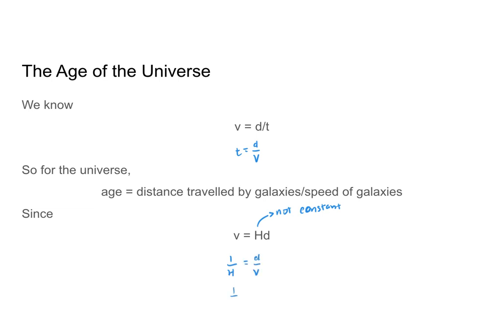Therefore, 1 over H is equal to the age of the universe. Easy peasy. You do need to know how you can use this relationship between time, velocity, distance, and the Hubble parameter to figure out the age of the universe. So given the Hubble constant, you need to be able to figure out how old the universe is at the time when that constant is measured.